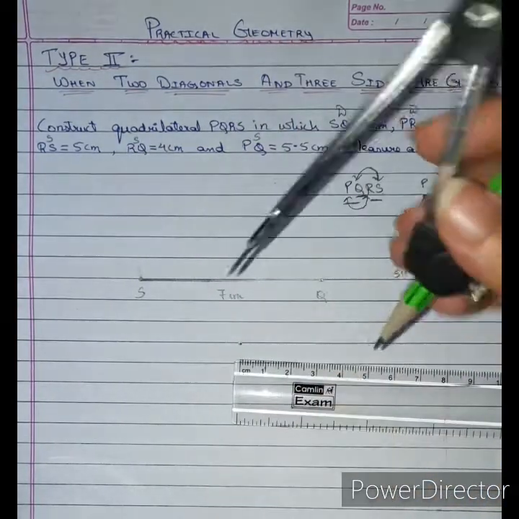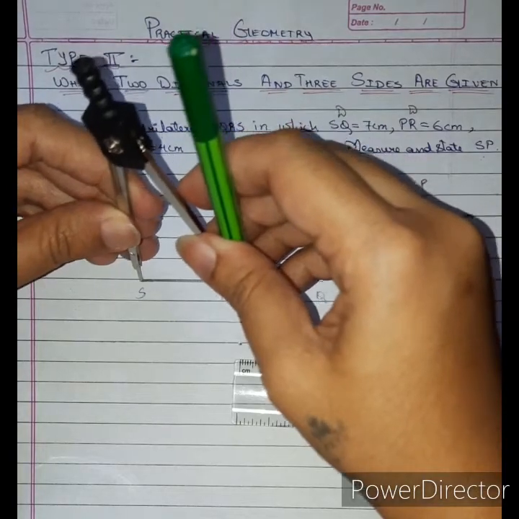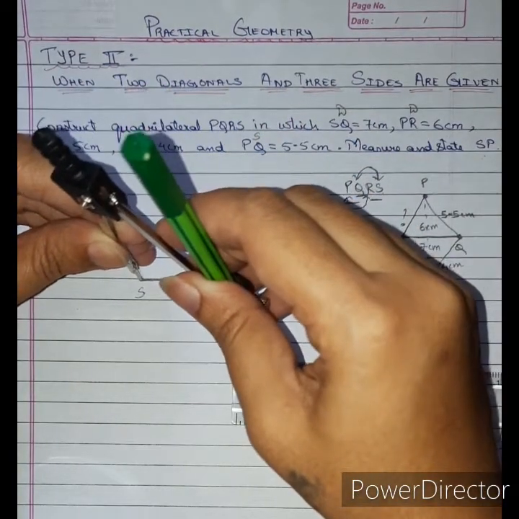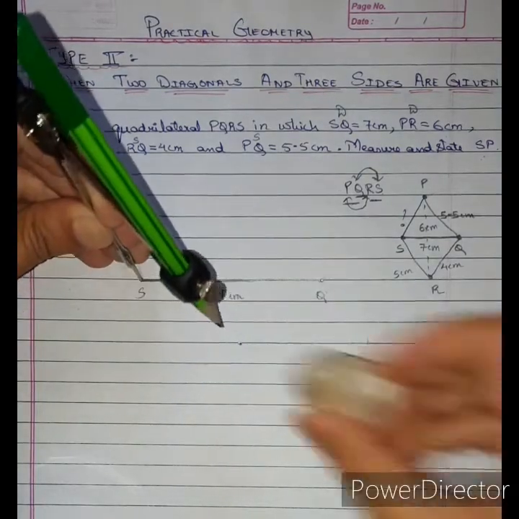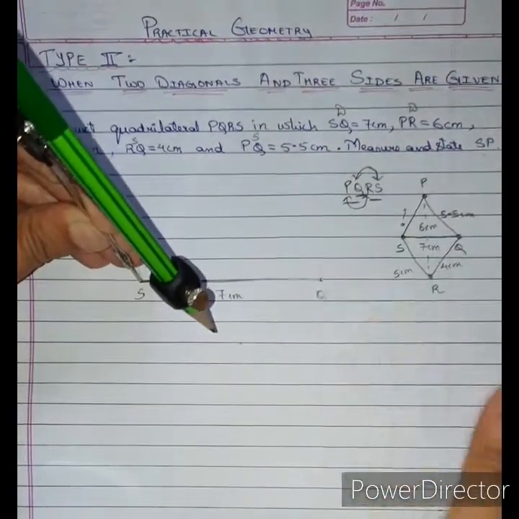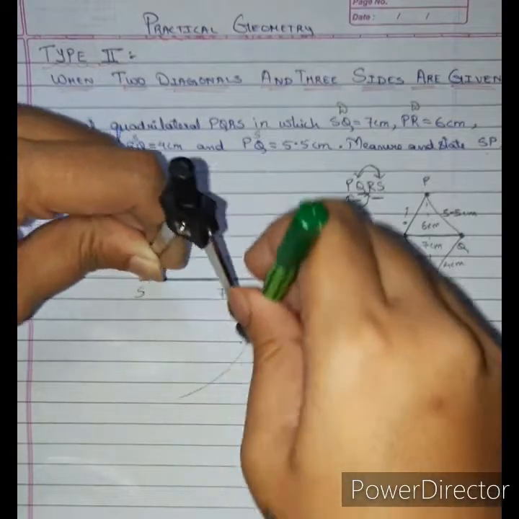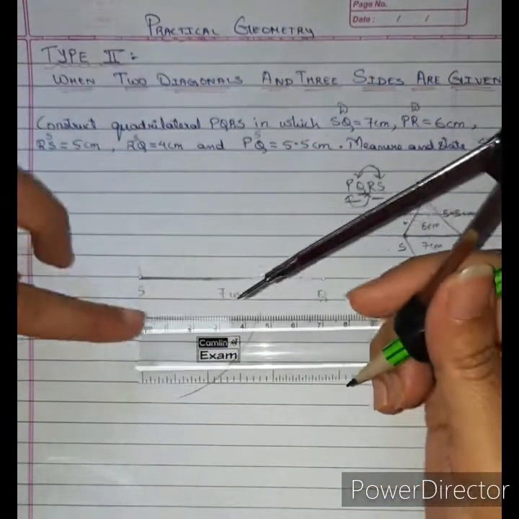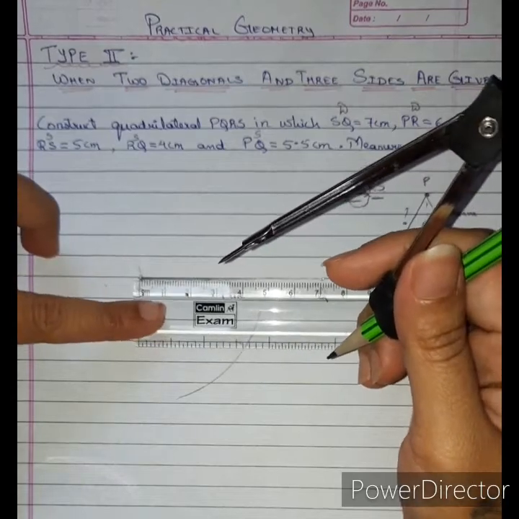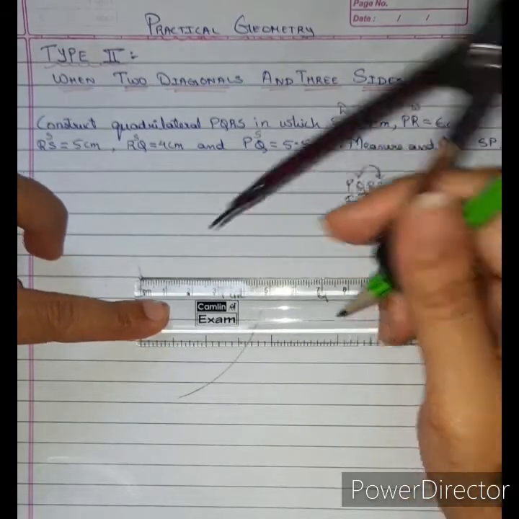Okay, I have 5 cm. So from point S as the center, I will draw the arc. Then I need 4 cm.